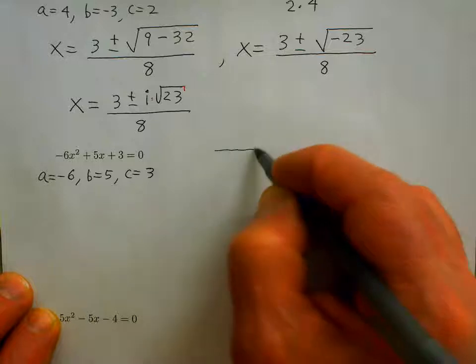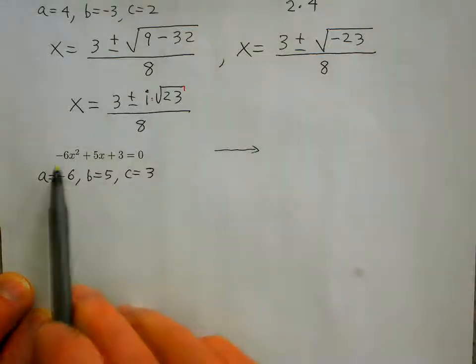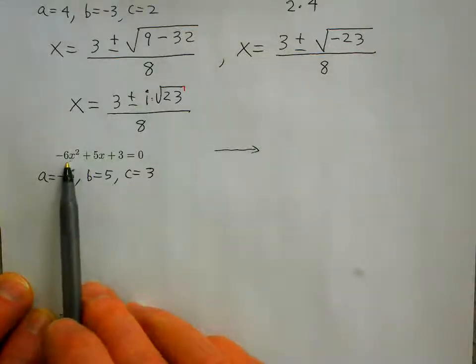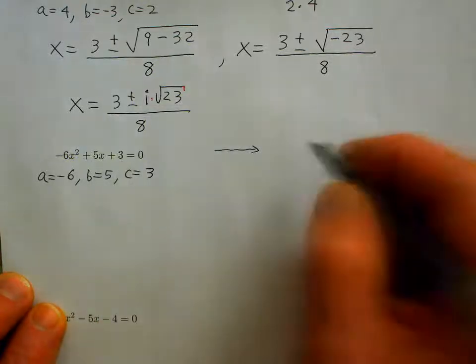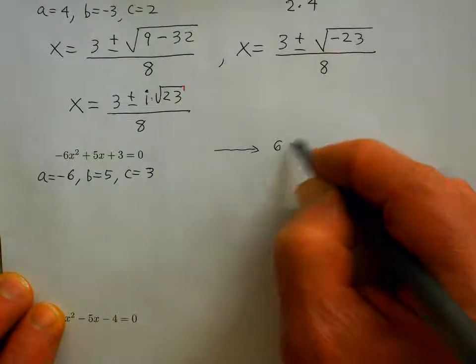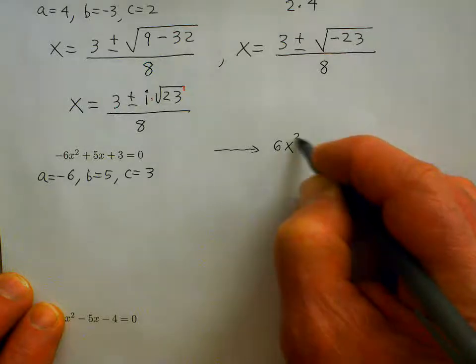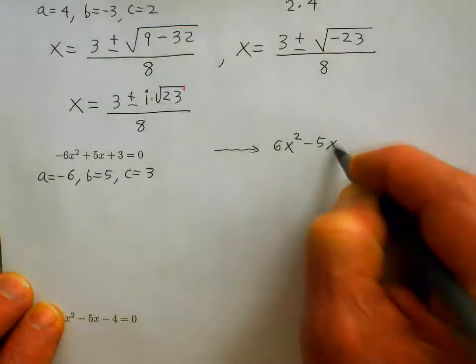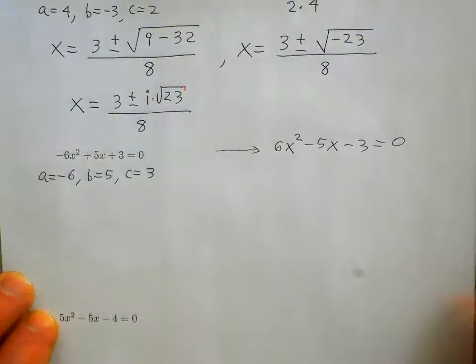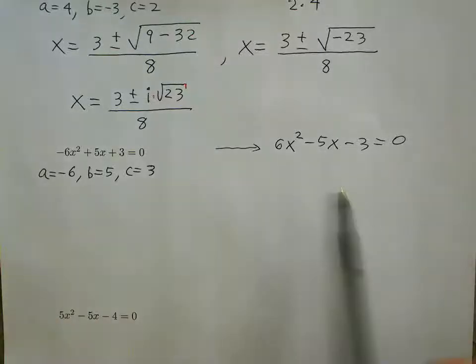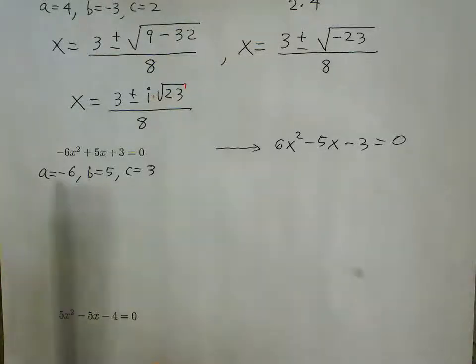Or, if you prefer, since we're starting out with -6 as a coefficient of x squared, we can multiply every term on both sides by -1 and solve this equation, +6x squared minus 5x minus 3 equals 0. The solutions to the two equations are exactly the same. It just comes down to your preference.